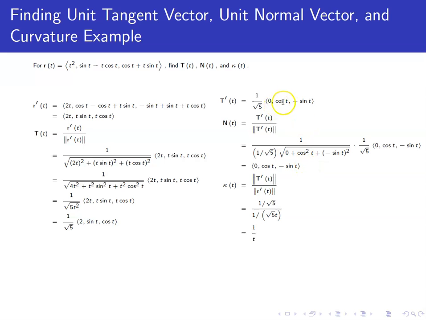Well, we notice that this piece, without the 1 over root 5, the 0, cosine t, negative sine t, actually has a magnitude of 1. I need to divide by 1 over root 5 because it needs to be there for the magnitude piece. The 1 over root 5's cancel, and we just get 0, cosine t, negative sine t for the unit normal.